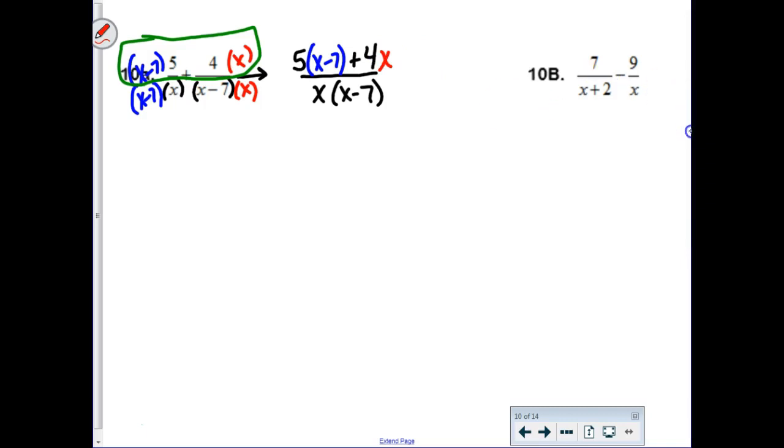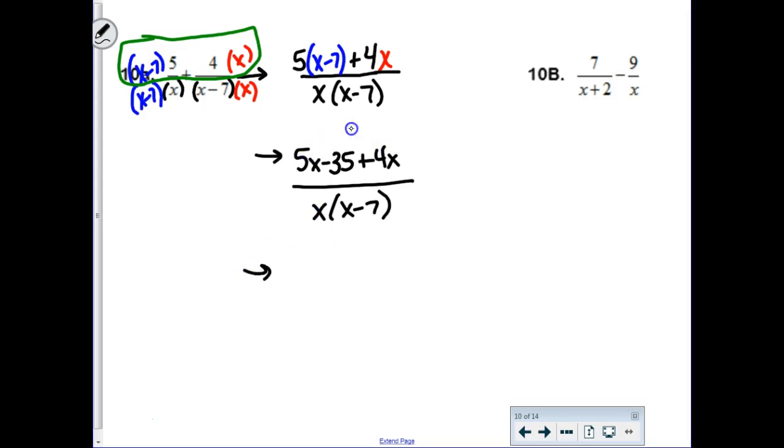I don't really need parentheses there, do I? Okay, I've just got to clean this up a bit. This numerator becomes 5x minus 35 plus 4x. Common denominator, always leave it in factored form because I like to see the pieces. And then adding the 5x and the 4x together, you get 9x minus 35 over x times x minus 7.